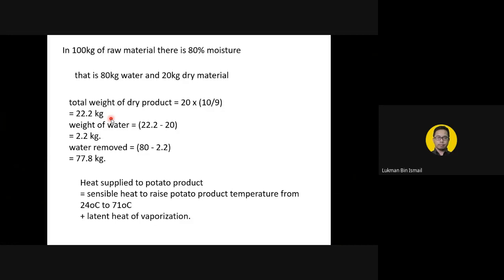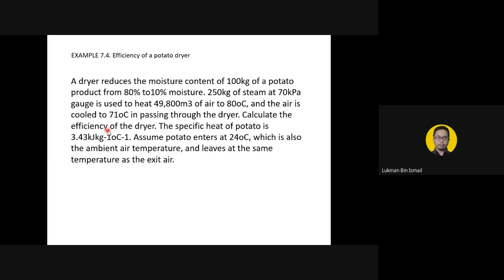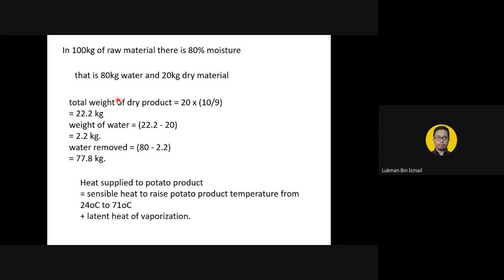And the weight of water in the dry product, which is now 10% moisture, is 22.2 minus 20, so about 2.2 kilogram of water.